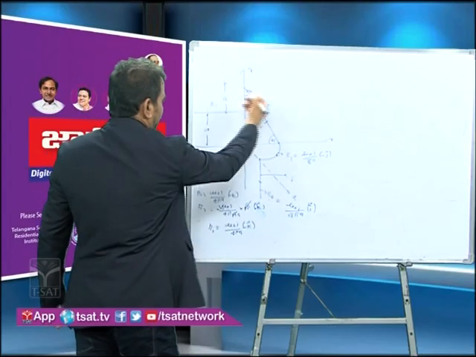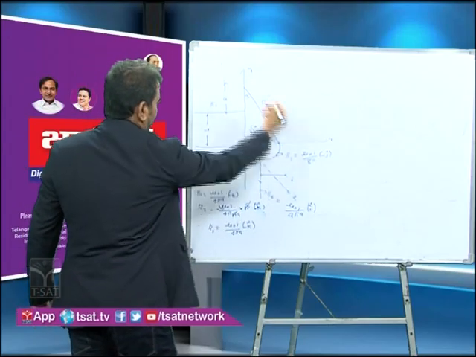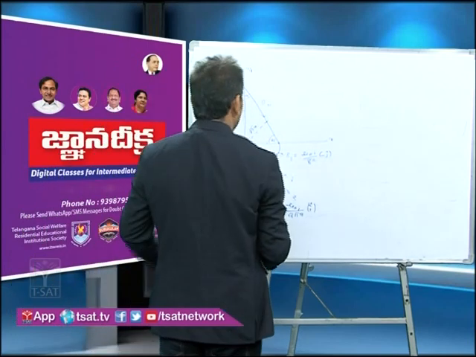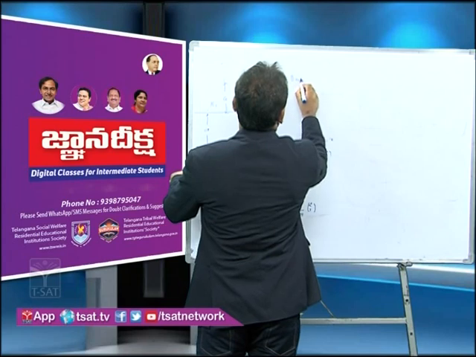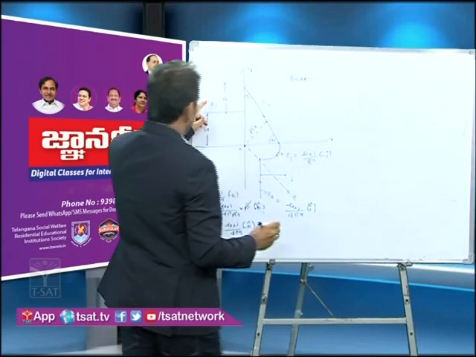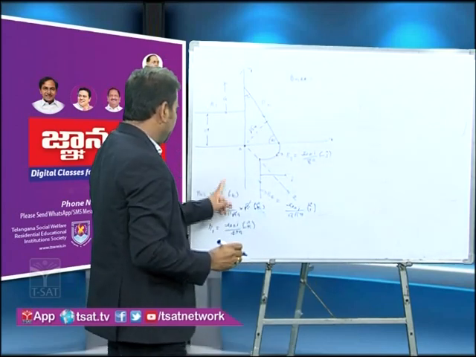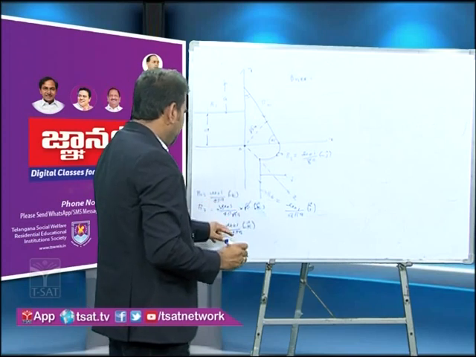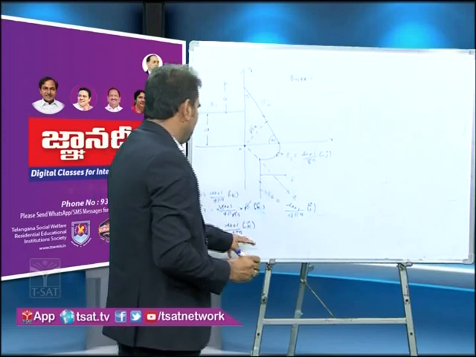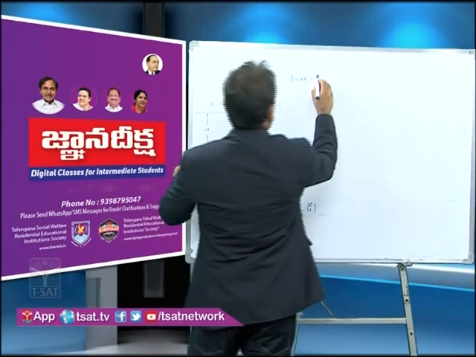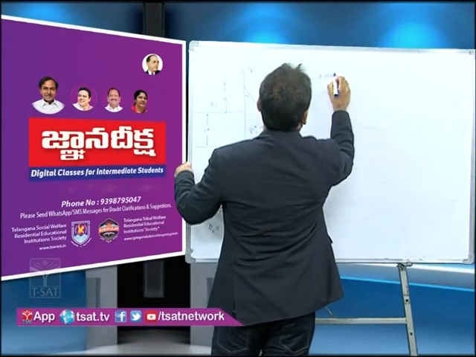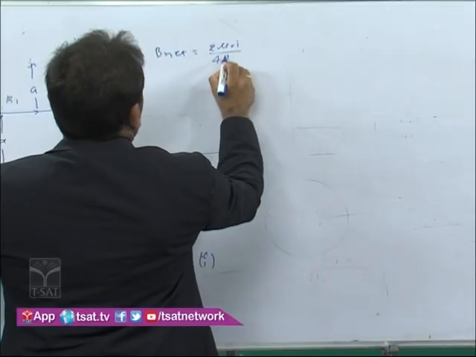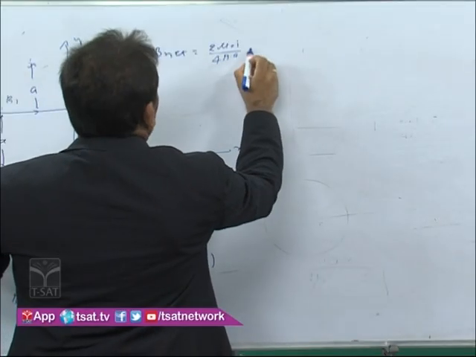Therefore, the net magnetic field induction at point O due to this wire is given by B net. B net is equal to B1, which is mu naught I by 4 pi A along minus k, plus B2, which is mu naught I by 4 pi A along minus k. The sum of these two values is 2 mu naught I upon 4 pi A along minus k.